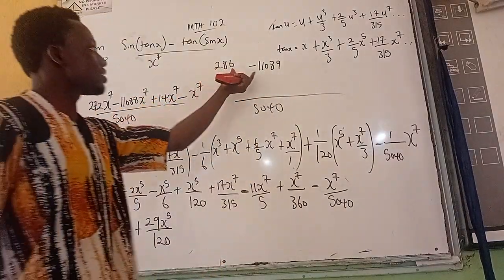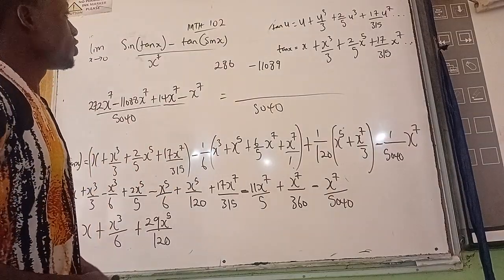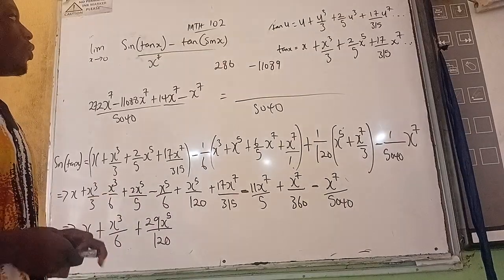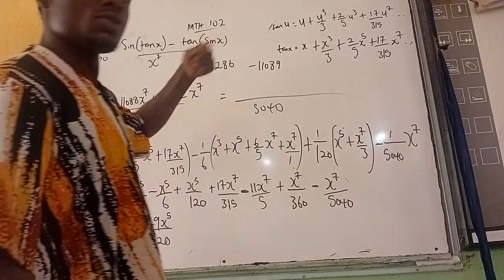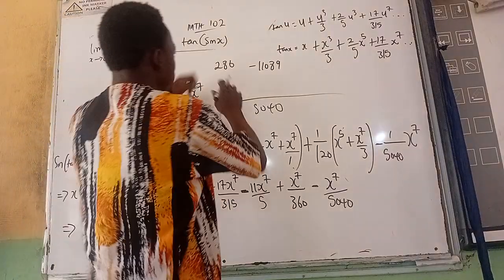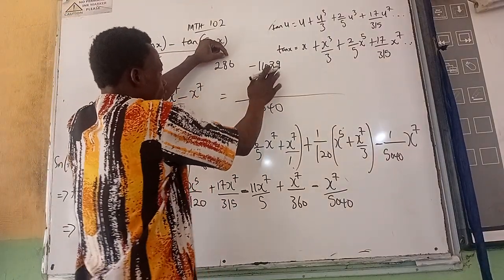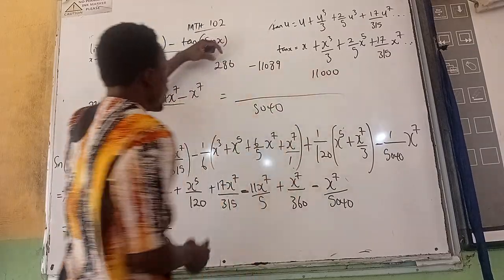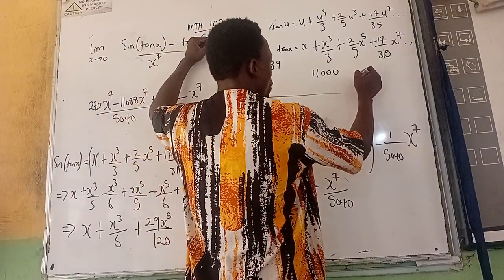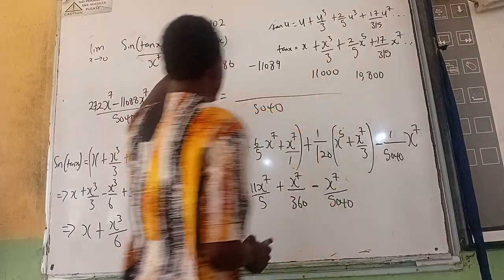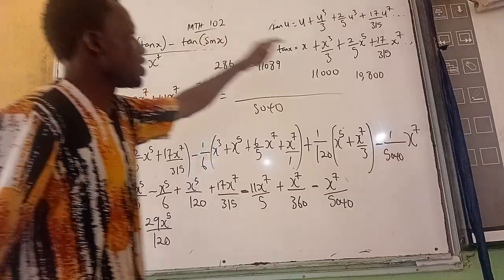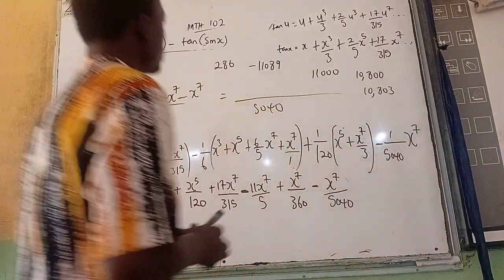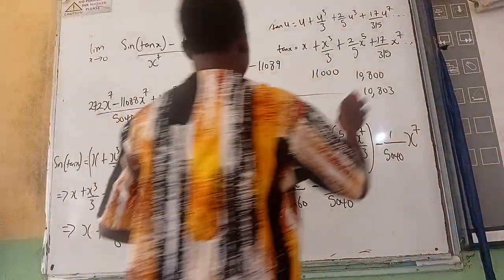If we subtract, we remove 89 from this and 11,000 will remain. If we now remove 200 from 11,000, we have 10,800. But because this is not up to 89, we are going to add 3 here. So this guy is 10,803.